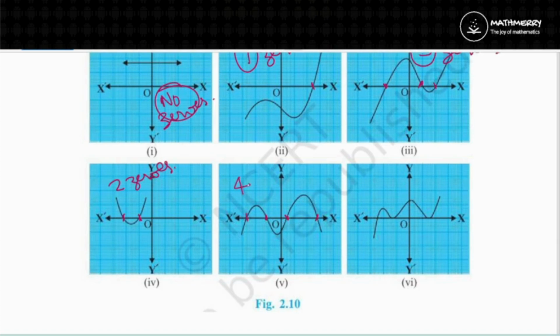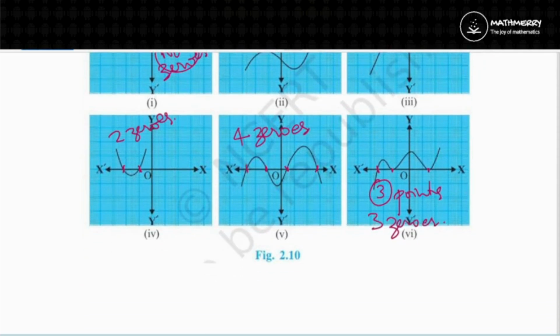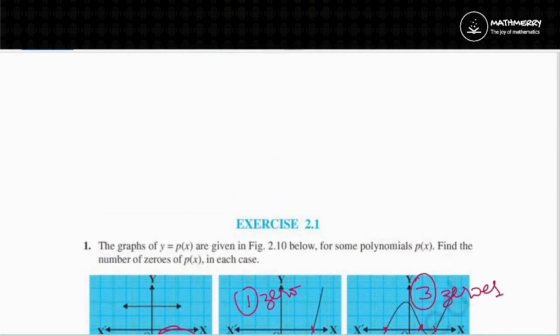So 4 zeros are possible since the graph touches the x-axis at 4 points. Now the sixth one, the graph touches the x-axis at 1, 2 and 3. So the graph touches the x-axis at only 3 points. So 3 zeros are possible for the sixth graph. I hope this is clear.